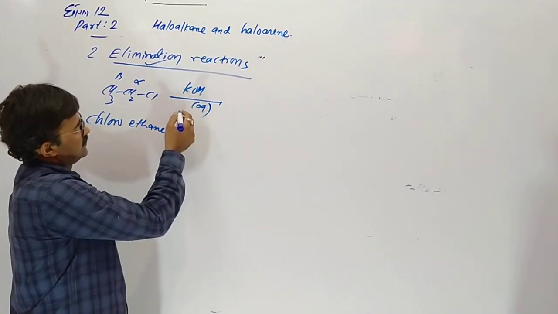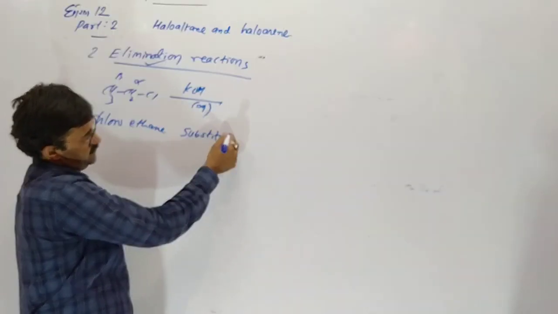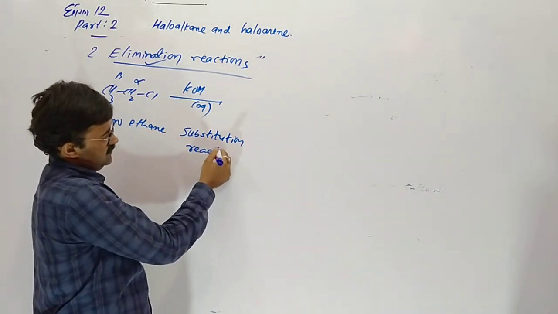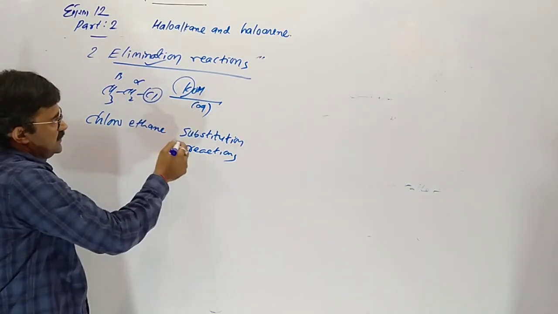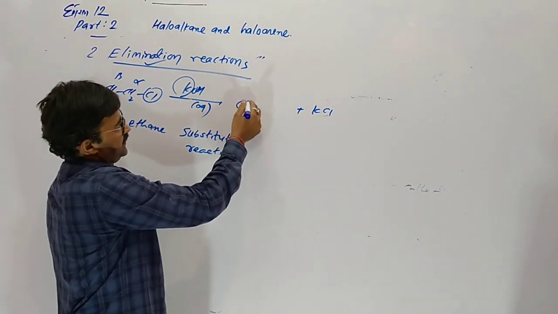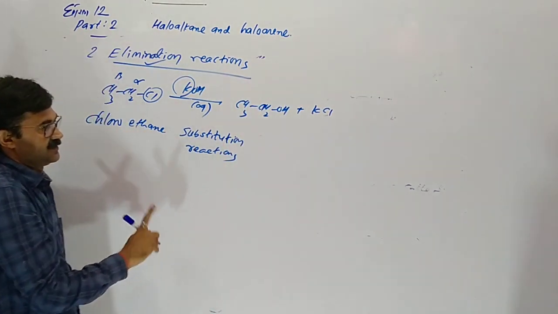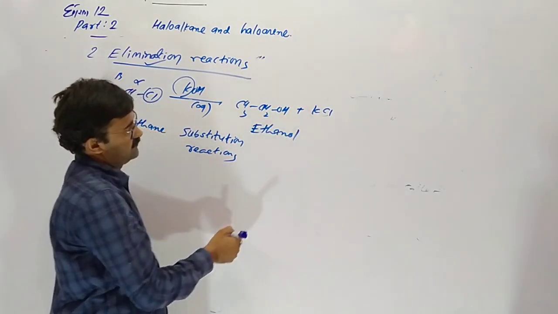Then not elimination but a substitution reaction occurs. K with Cl as KCl, and OH combines there. This is not elimination. The product is now ethanol.